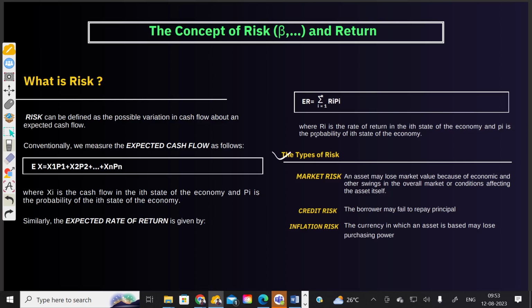Okay. So, different types of risk. Market risk: an asset may lose market value because of economic and other swings in the overall market or conditions affecting the asset itself.